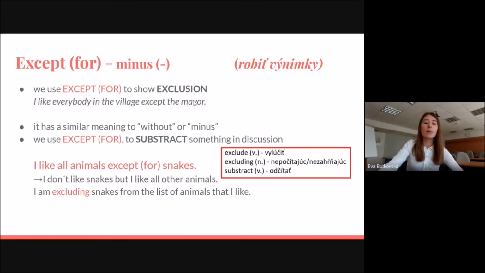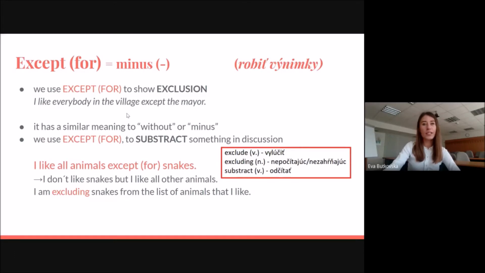We use except when we want to show exclusion. So when we talk about besides, we talk about inclusion. When we talk about except for or except, we talk about exclusion. Okay, so something is going away. I like everybody in the village except the mayor.